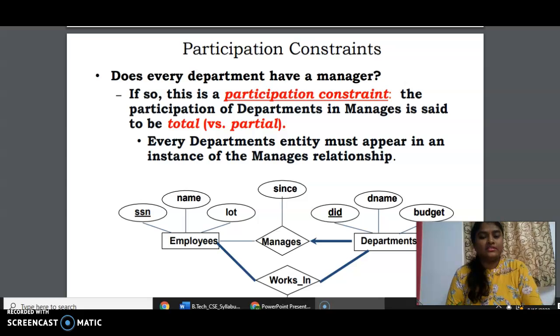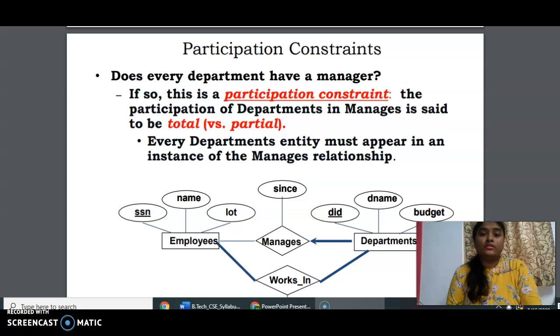Constraints means conditions. Okay. So let us see whether there are conditions in the participation of an entity in a relationship. These participation constraints are divided into two, that is total participation and partial participation, right?